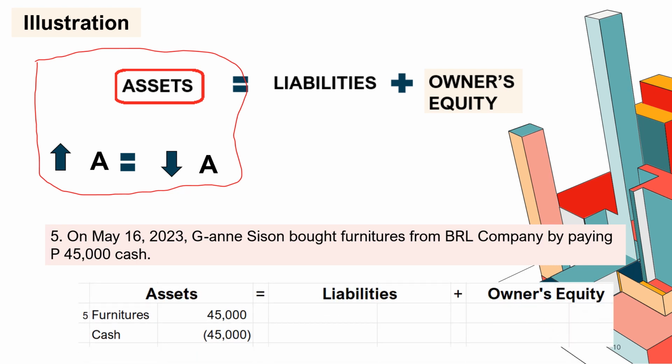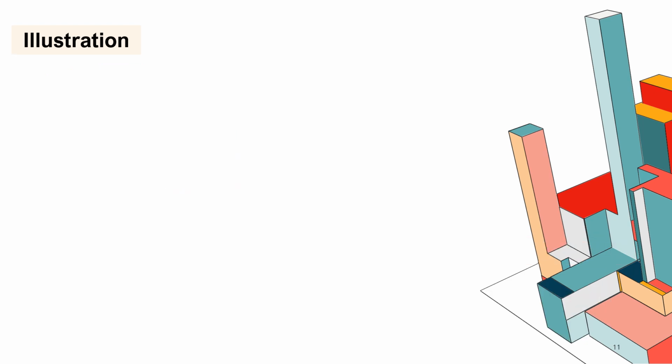So under our assets, GN will reflect furnitures 45,000, that's positive, and cash negative 45,000. If you get the net effect or net amount, that is 0. Again, we maintain the equality of your assets and liabilities and owner's equity.